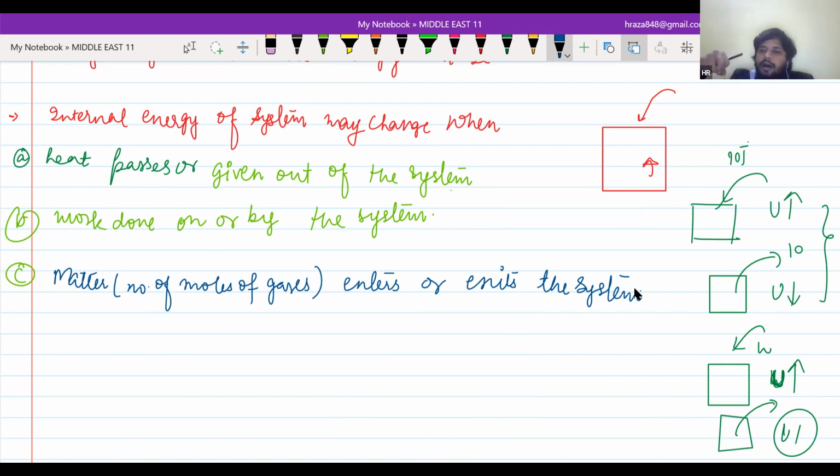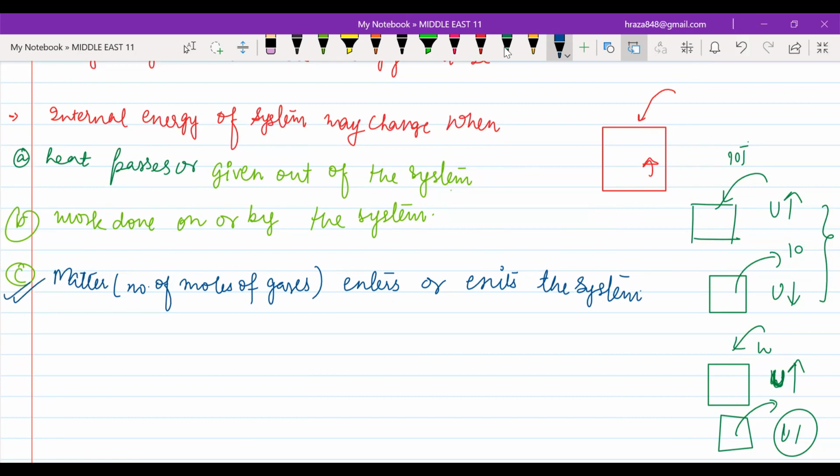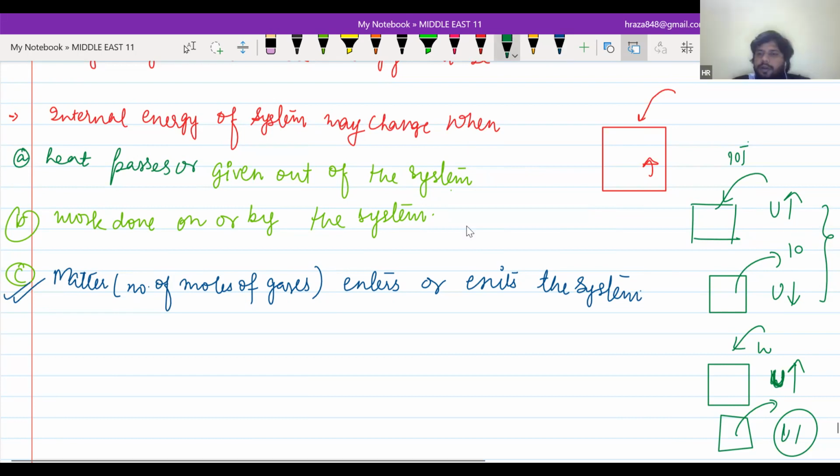If you take 10 moles out of the system, the internal energy will decrease. And if you increase the number of moles by 10 or 20 moles, the internal energy will increase. That means it also depends upon the matter of the gas, or the number of moles of the gas. Okay, is that clear, everyone? Yes, sir. Okay, write it and let me know. Then we will start the first law of thermodynamics.